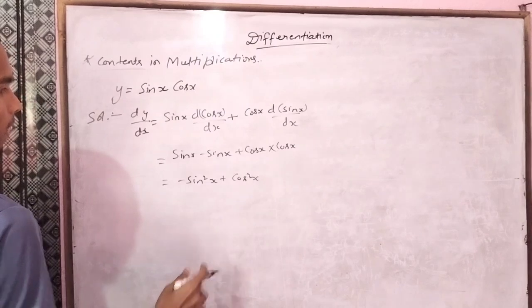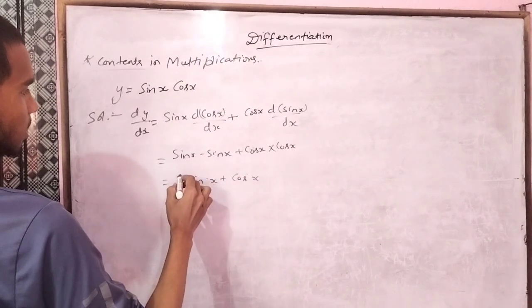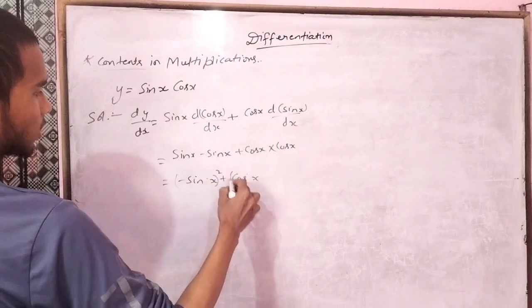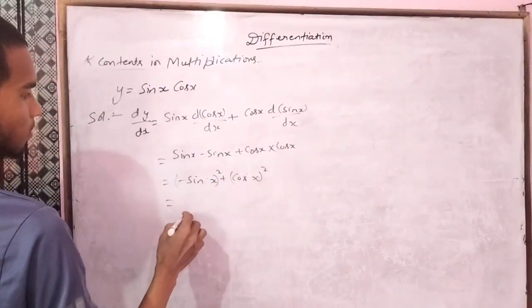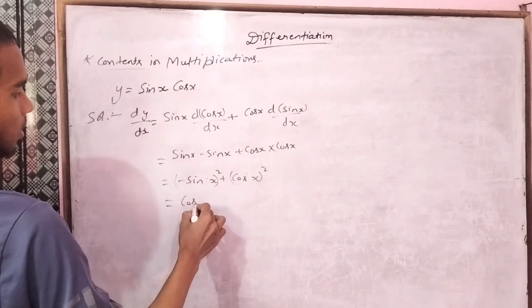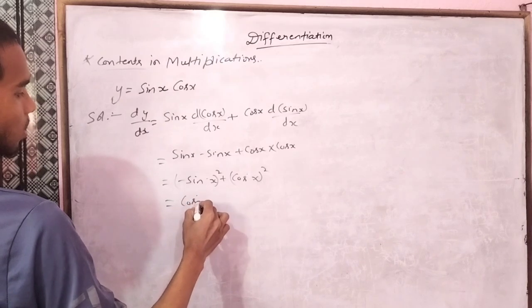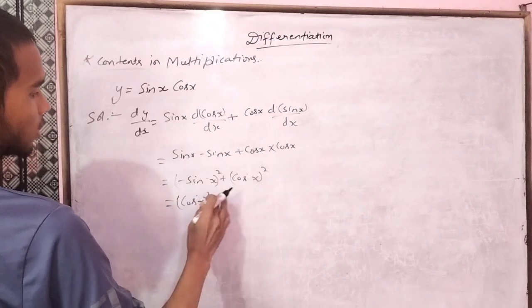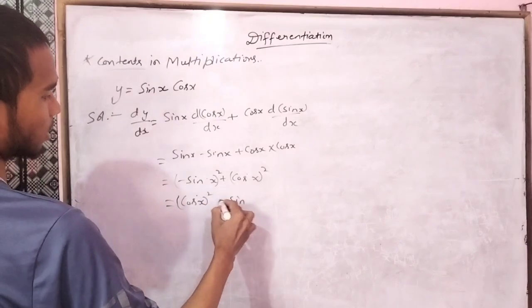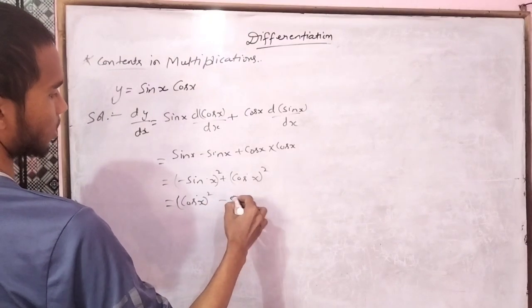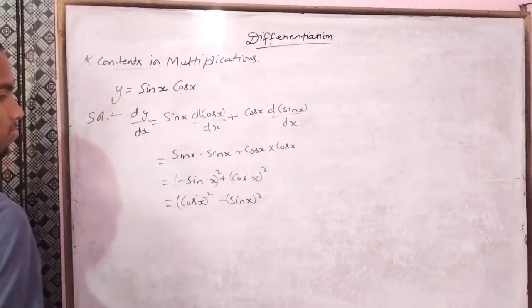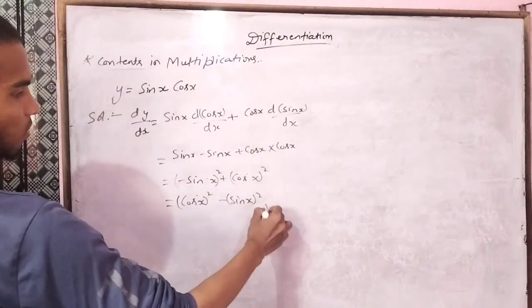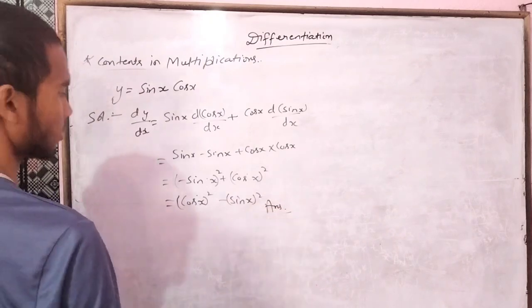Clear? Otherwise we can write this as 2 times, so we can also write cos square x minus sin square x. This is the final answer.